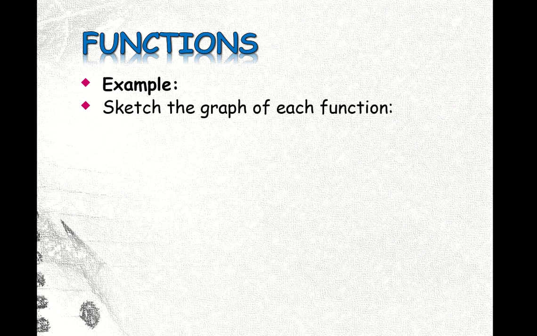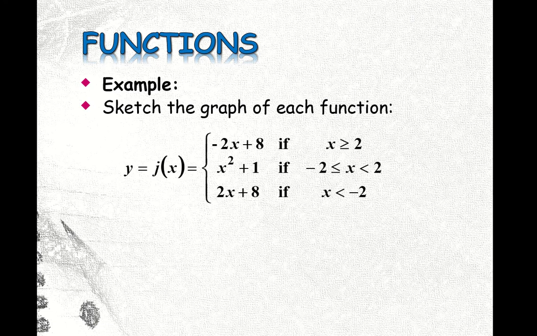So sketch the graph of each function. So we're given here y is a function of x, or y is g sub x. So we have three conditions here. Condition 1, for x greater than or equal to 2, we have g sub x equal to minus 2x plus 8.